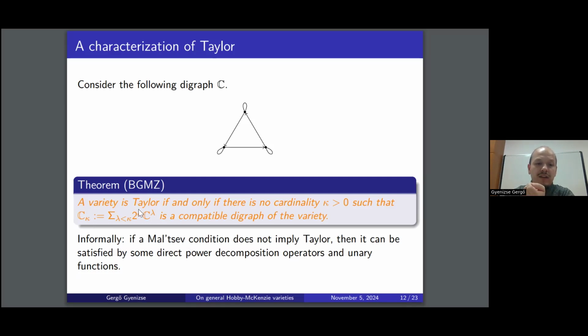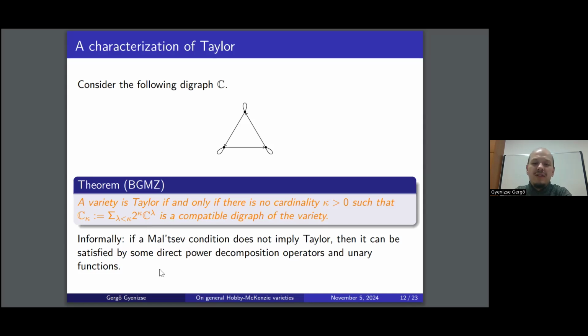That basically means that if we have a Markov condition that is not Taylor, then it can be obtained by looking at these so-called direct decomposition operators.